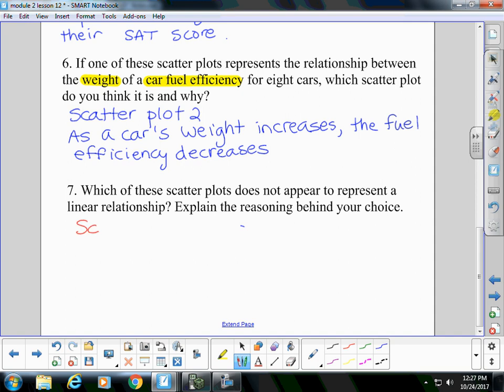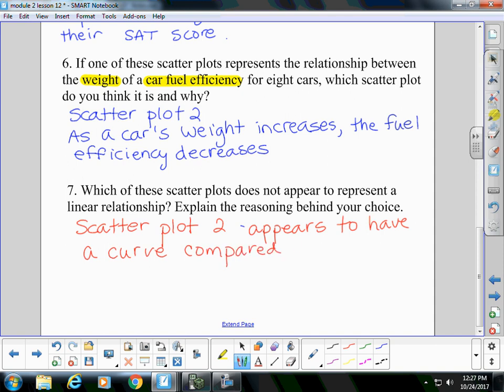So scatter plot 2 appears to have a curve in it compared to number 1.